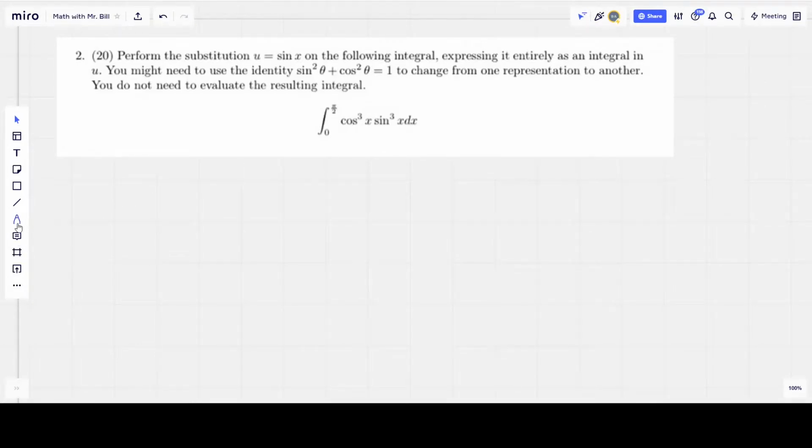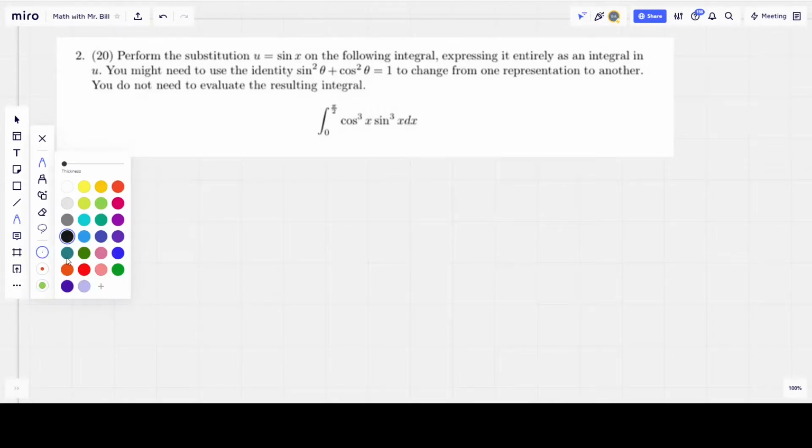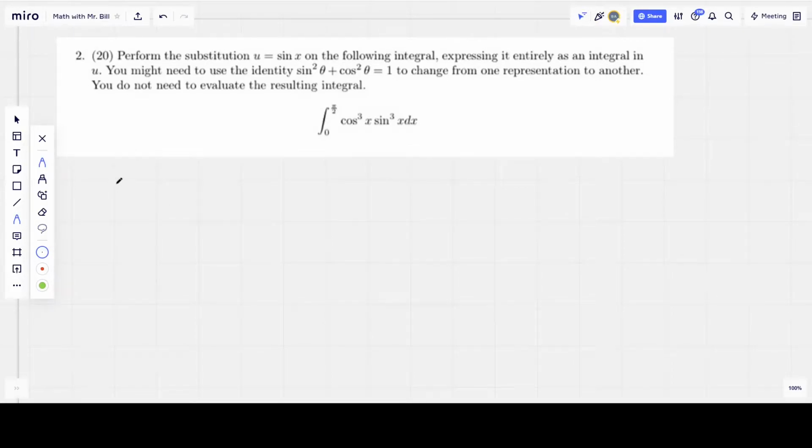So we've got two different things here we're going to be working with. We've got our u, which is sine of x. And then we're given the Pythagorean identity in terms of sines and cosines: sine squared of x plus cosine squared of x equals 1.